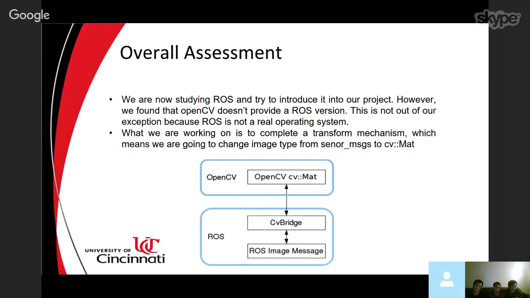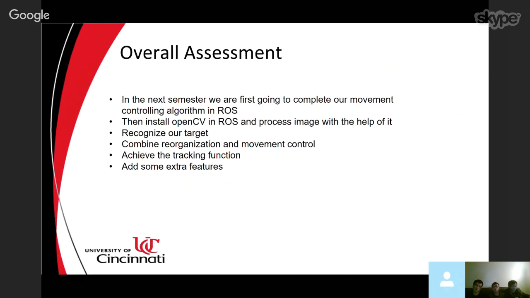So next, after we finish our CV bridge in the next semester, we are going to complete our movement control algorithm in ROS. And then we will install OpenCV in ROS and process images with the help of it. And we can recognize our target.